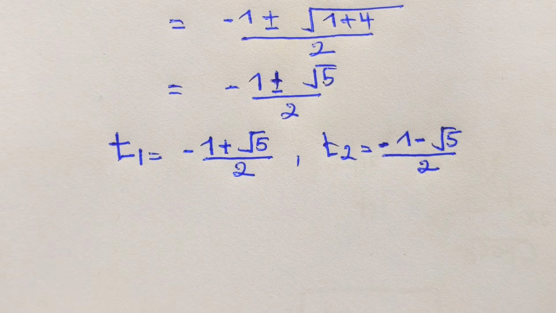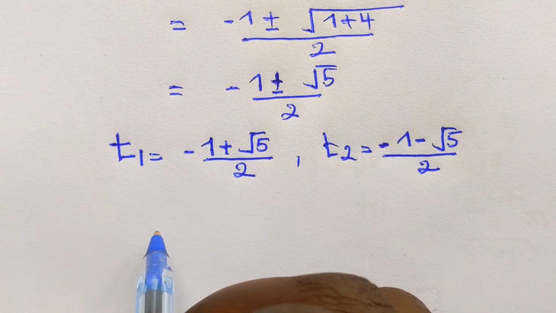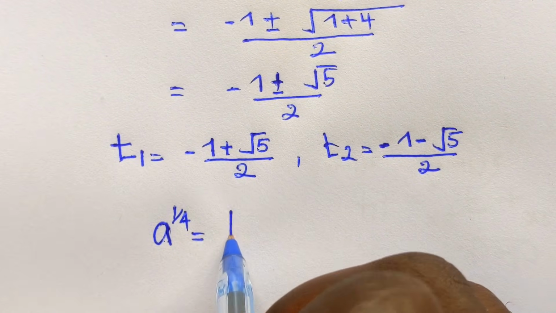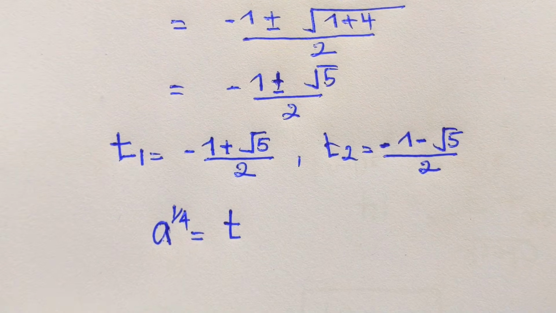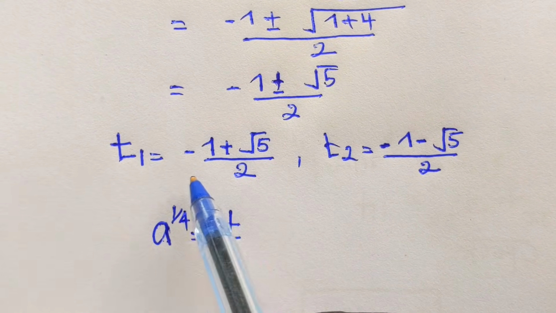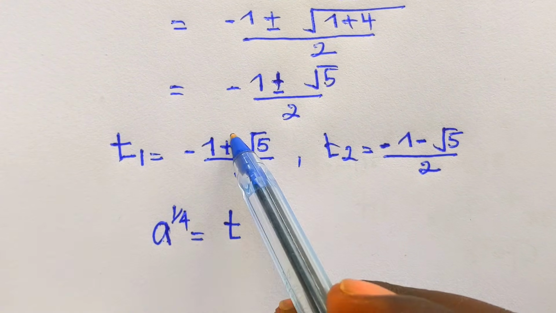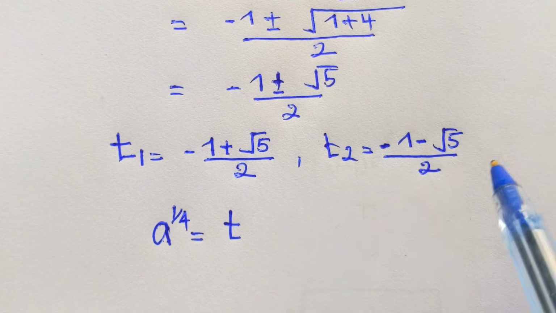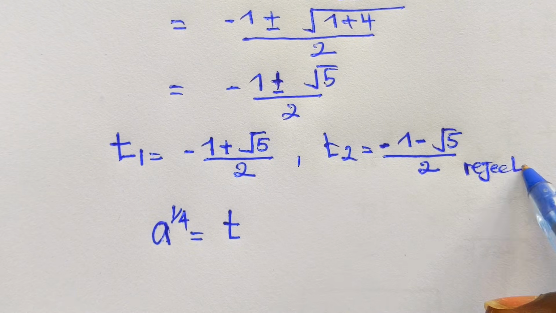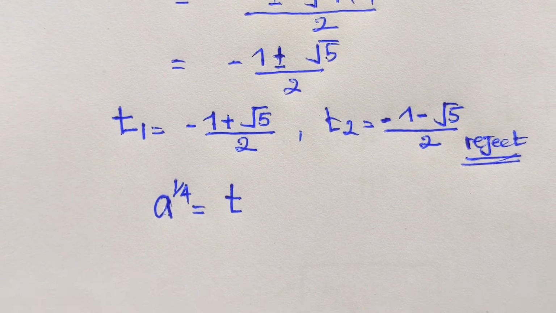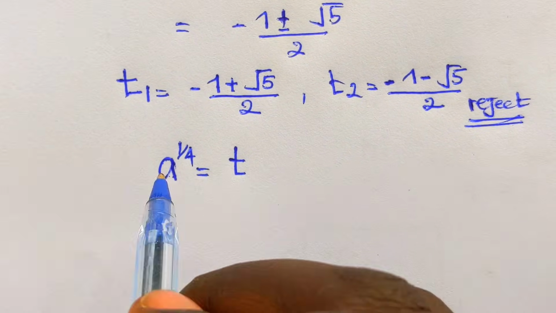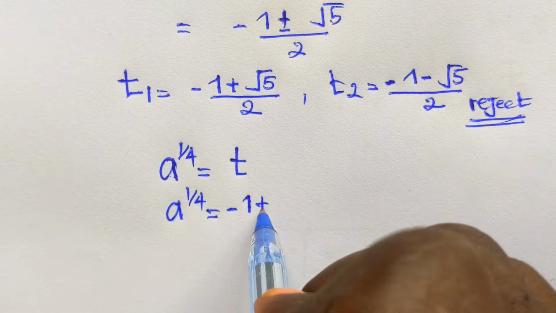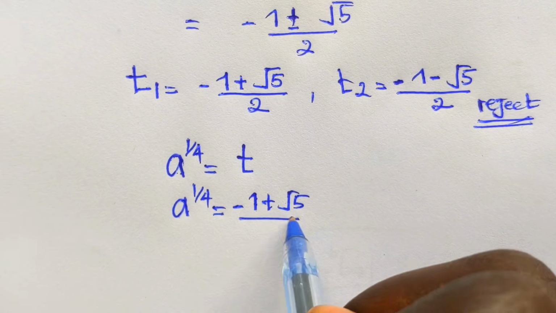Right, then at this stage, we know that a power 1 over 4 is t. Once we look above, one looks positive, but this one looks negative. We shall reject this one, and we shall remain with a power 1 over 4 equal to -1 plus square root of 5 over 2.